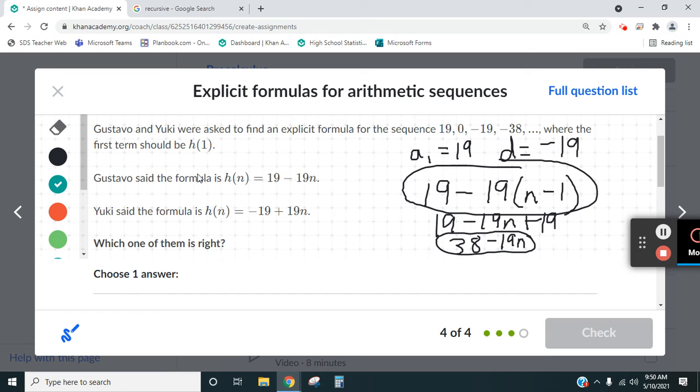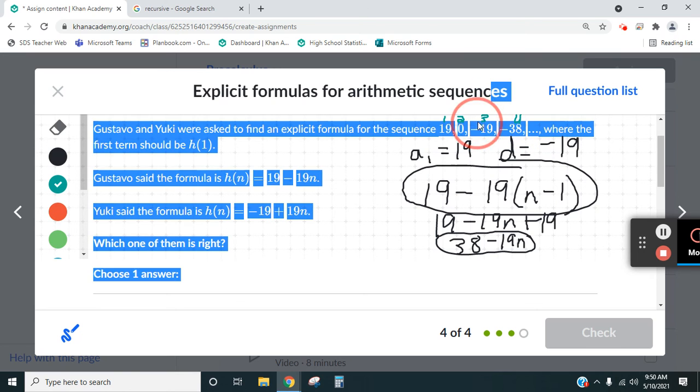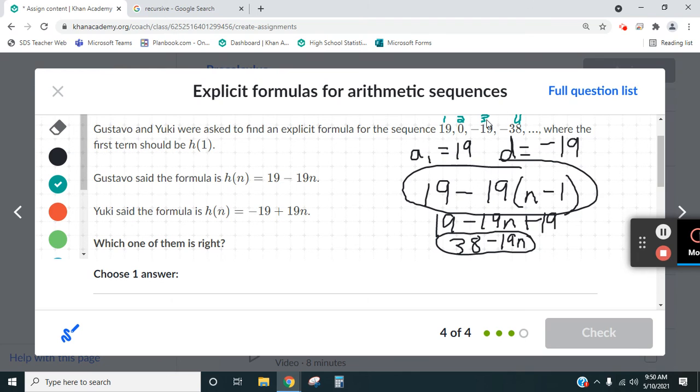You could even check it this way. You could say, hey, let's plug in a number and check to see if it fits the formula. For example, 1, that's for the first term, that's the second term, and that's the third term. That's the fourth term. If I plug in 3 into this one right here, negative 19 better pop out of it, okay? So 19 minus 19 times 3. And you can pick any number in the list.